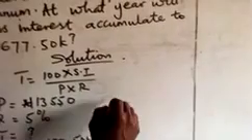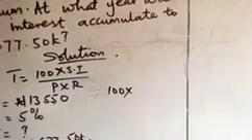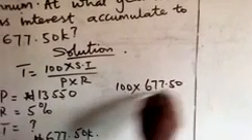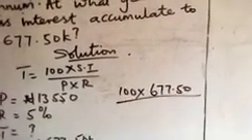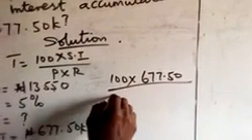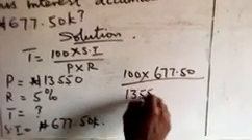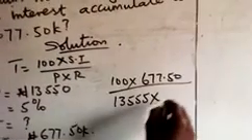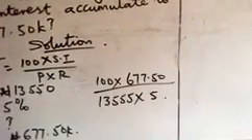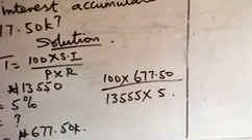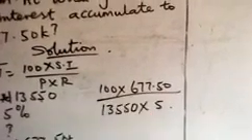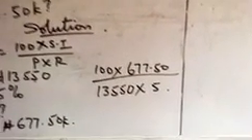Let's apply this now. This will be 100 times our simple interest, 677 naira 50 kobo, over our principal, 13,550 naira, times the rate, 5%.